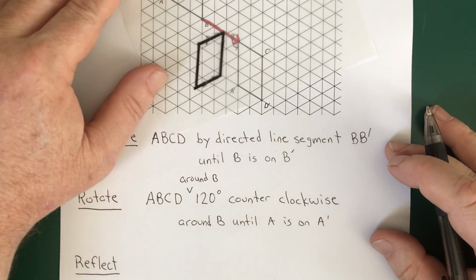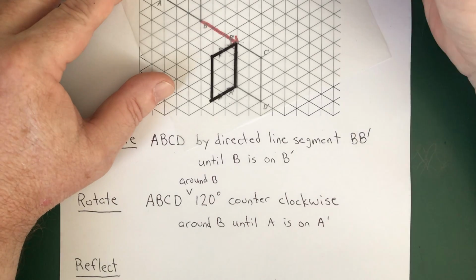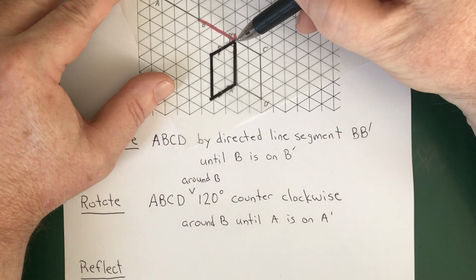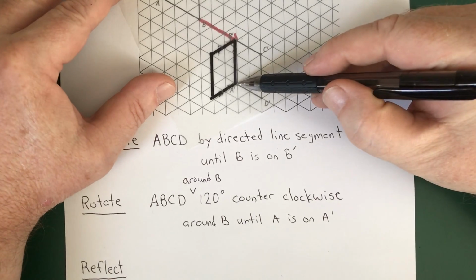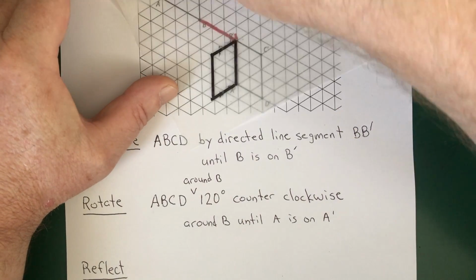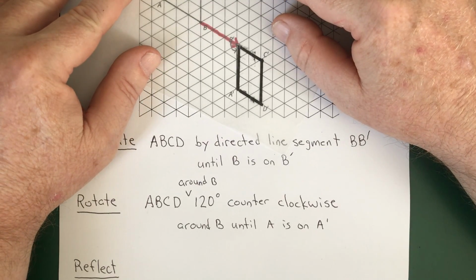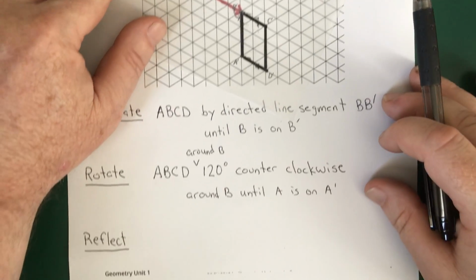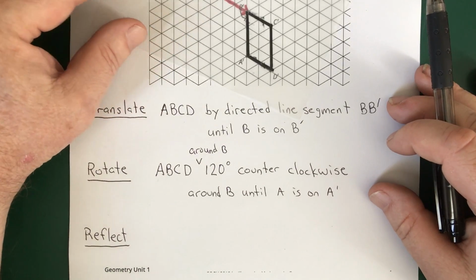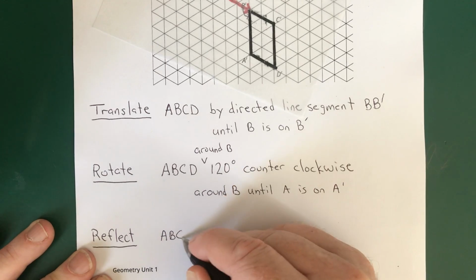All right, so now I'm down here. And with the reflection, I'm either already done or I can finish up with a reflection. If I reflect across AB, that's going to just flip this thing over like that, and it's going to be in the right place. When I want to do a reflection, I need to say what I'm reflecting. So I need to say ABCD, because that's what I'm reflecting.